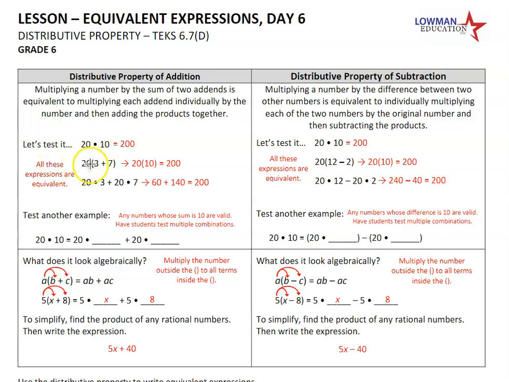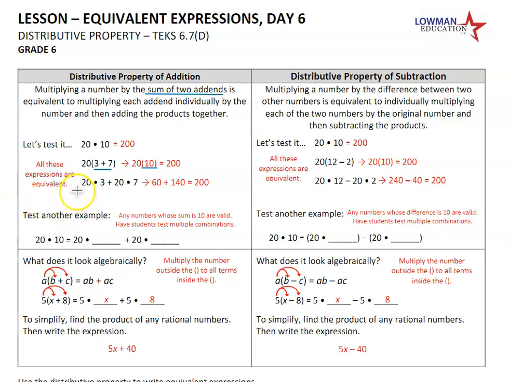If you take 20 times parentheses 3 plus 7, you've been taught with the order of operations that you add 3 and 7. That is the sum of the addends. And then multiply it by what's outside of the parentheses, and it'll again give you a product of 200. But let's break this down so we can see another example of an equivalent expression.